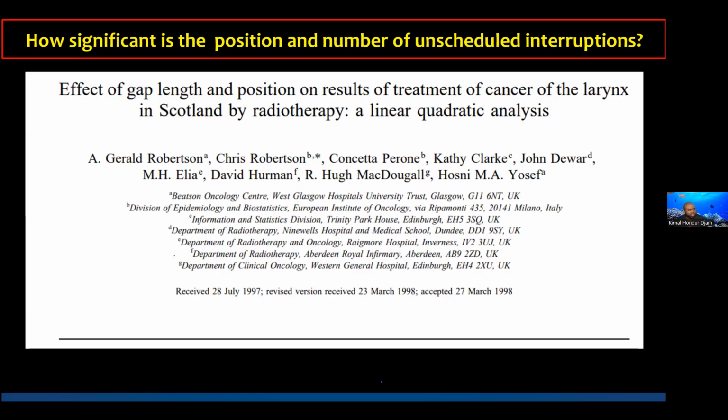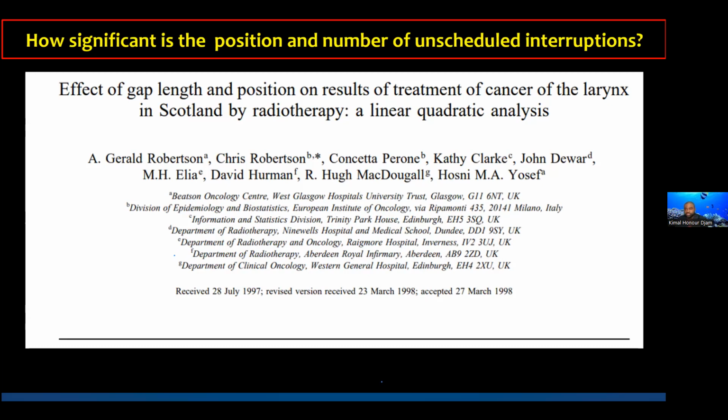The next question that I want to answer then is, how significant is the position and the number of unscheduled gaps? Now, this study was actually conducted by Gerard's group at the Boston Oncology Center. They took retrospective data from about 630 patients from an audit of all new patients that were newly diagnosed with carcinoma of the larynx between 1986 and 1999.